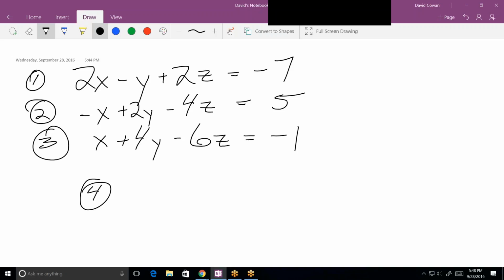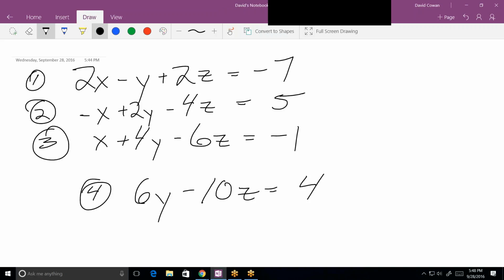Yeah, you can eliminate. What do you get when you add 2 and 3? The x's cancel out, so it would be 6y minus 10z equals 4. Yeah, that's my equation 4. And you'll notice that x has disappeared.